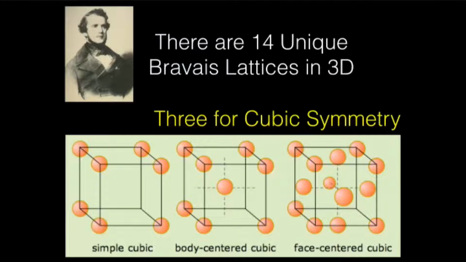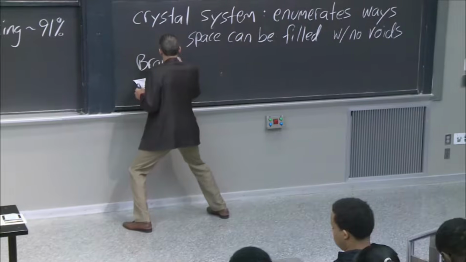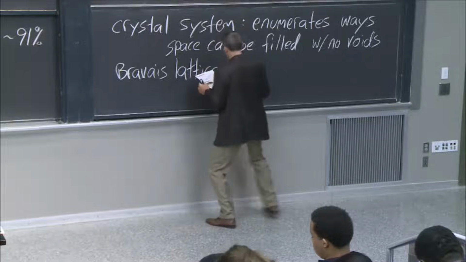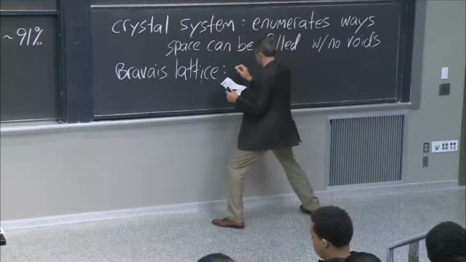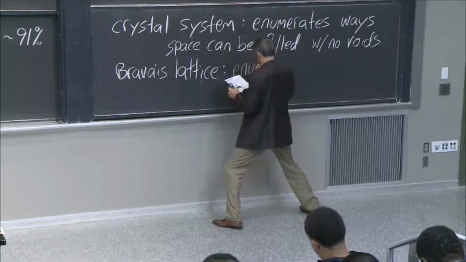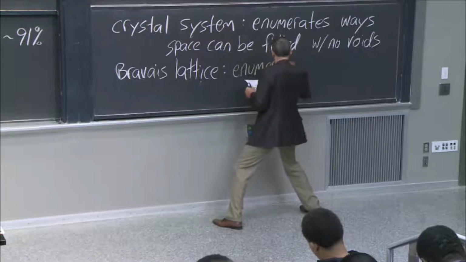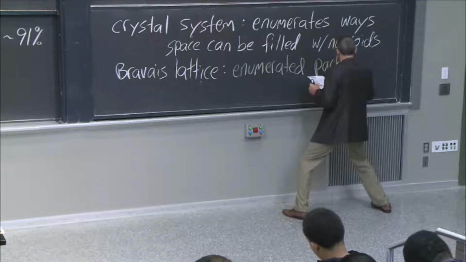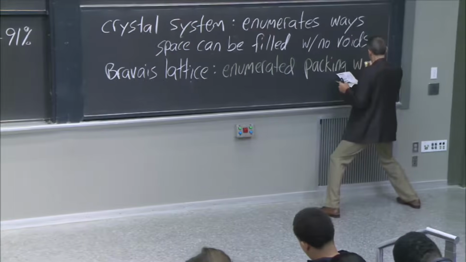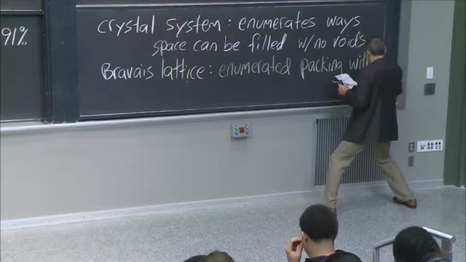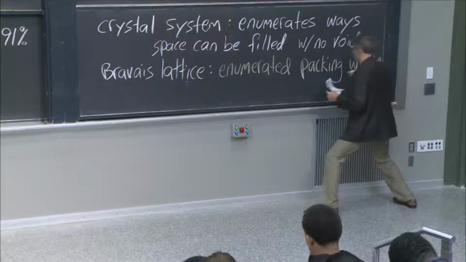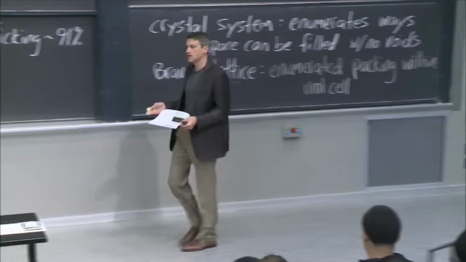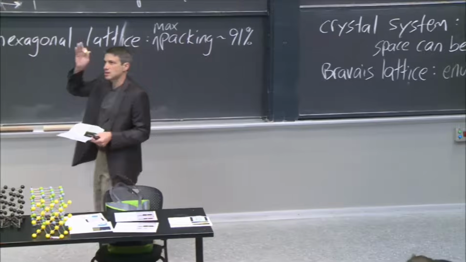In a Bravais lattice, what Bravais did was he enumerated the ways space can be filled, all the ways that space can be packed, for example, packing within the unit cell. So there's 3 distinct ways to pack within a cubic unit cell.